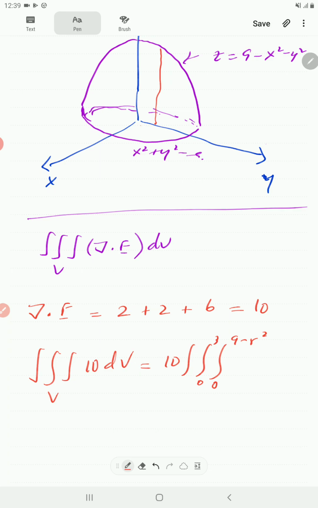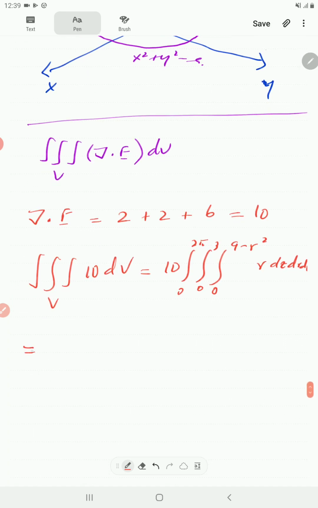Then we integrate with respect to theta from 0 to 2 pi, r dz. So that was our first iteration, dr, then d theta. So this is going to be 10 into the integral of, if we do the z integration here, it's just going to give us 9 minus r squared into r.